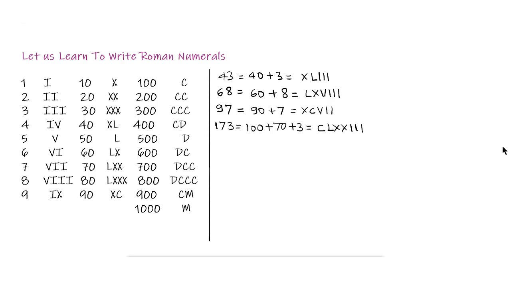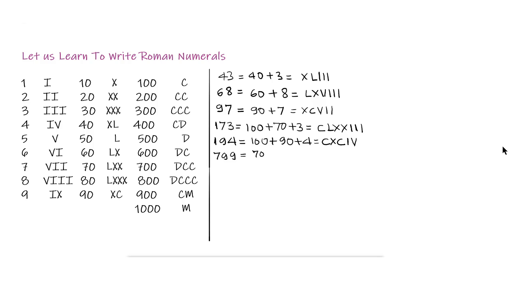So 173 equals CLXXIII. 194. 100 plus 90 plus 4. So 100 is C, 90 is XC and 4 is IV. So 194 is CXCIV.